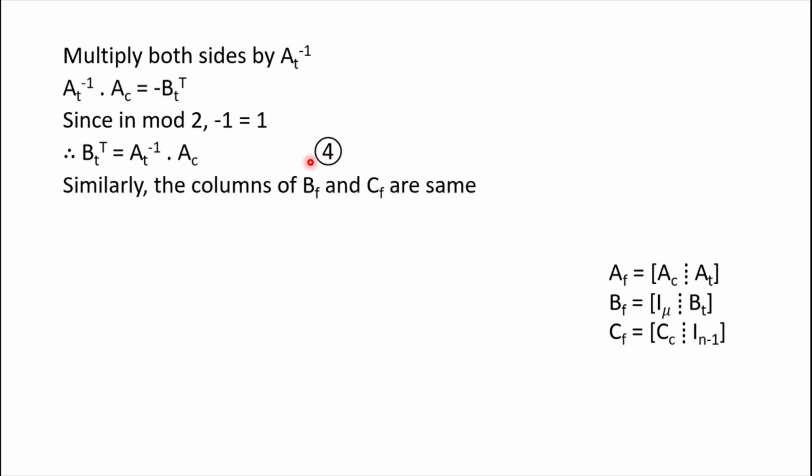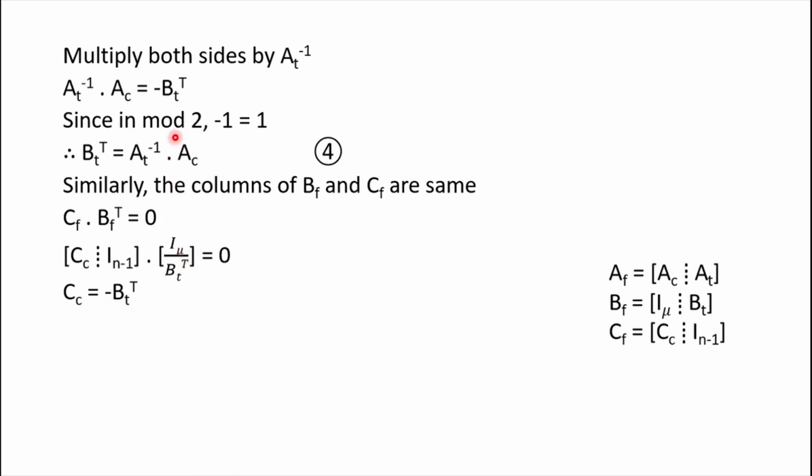Now I apply the same thing for BF and CF, that is, for the fundamental circuit matrix and the fundamental cut set matrix, and I get CF·BF^T equal to 0. Similarly, substituting the values of BF and CF, I get this.